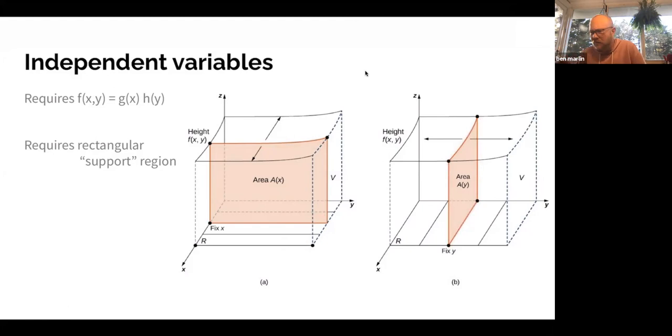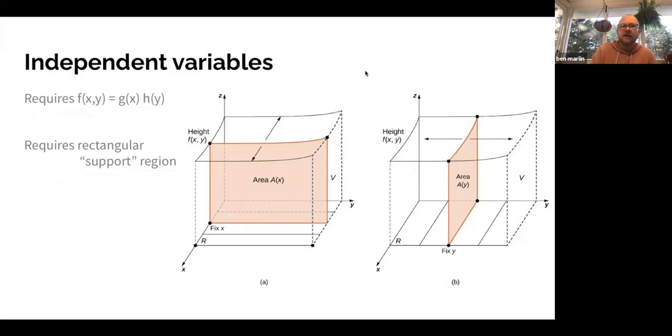If you recall, when we were doing integration, I've given you the tip occasionally that you can separate the double integral out into two integrals, but that requires, first of all, that you can factor the function into two pieces, and then that you have a rectangular region of integration. So our idea of independent variables requires both that it's factorable and that you have a rectangular support region.